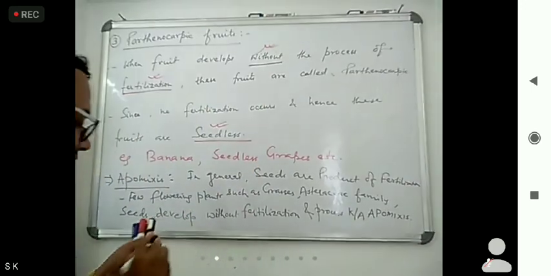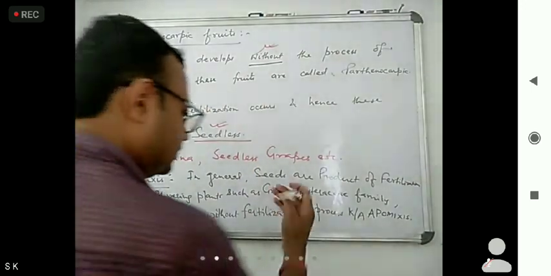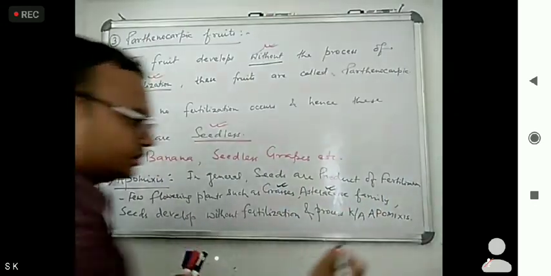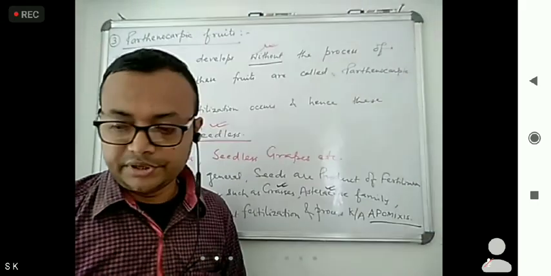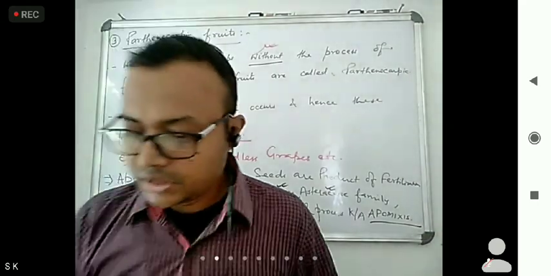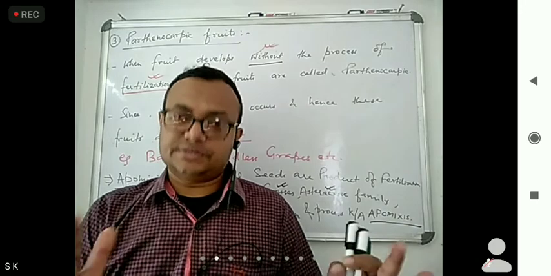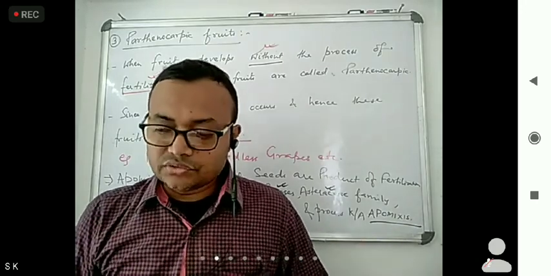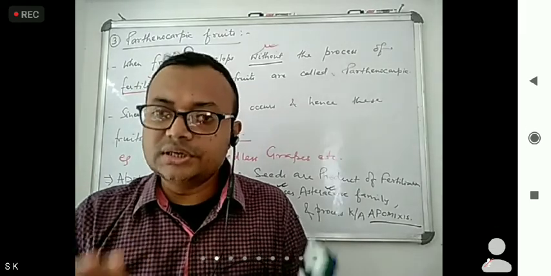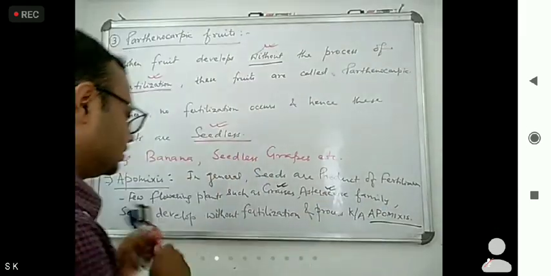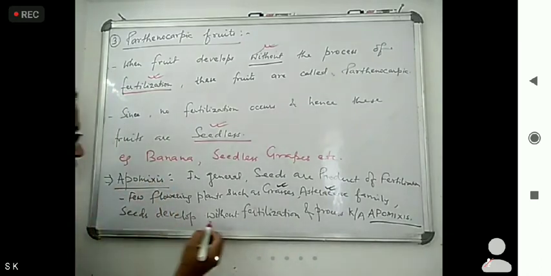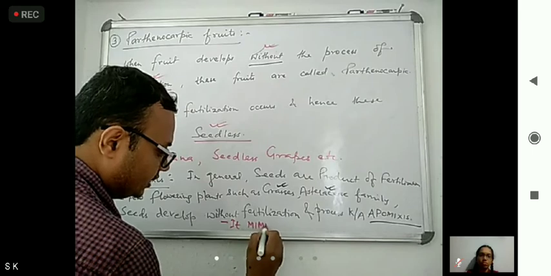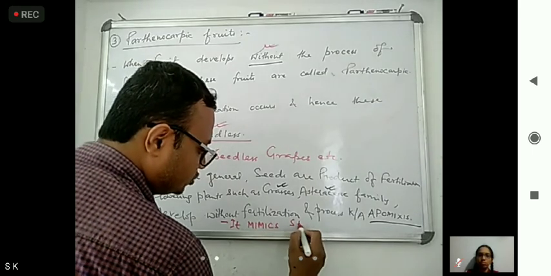So examples of apomictic plants: one is grasses and one is the Asteraceae family. Now this mimics sexual reproduction, means it looks like it. Questions ask that apomixis mimics sexual reproduction.